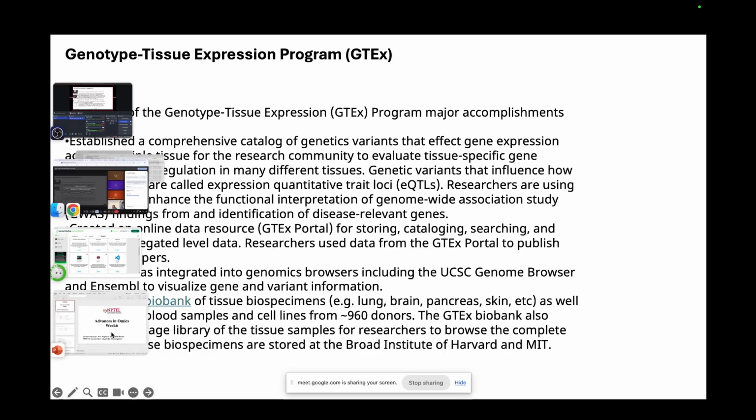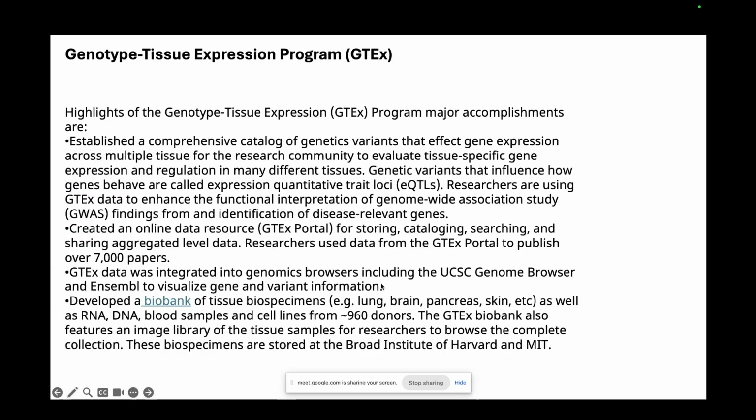And yes, GTEx data is integrated into genomic browsers like the UCSC Genome Browser and Ensembl, so you can visualize gene and variant information. There is also a biobank they have developed, of tissue biospecimens of lung, brain, pancreas, skin, etc., as well as RNA, DNA, and blood sample cell lines from around 1,000 donors.